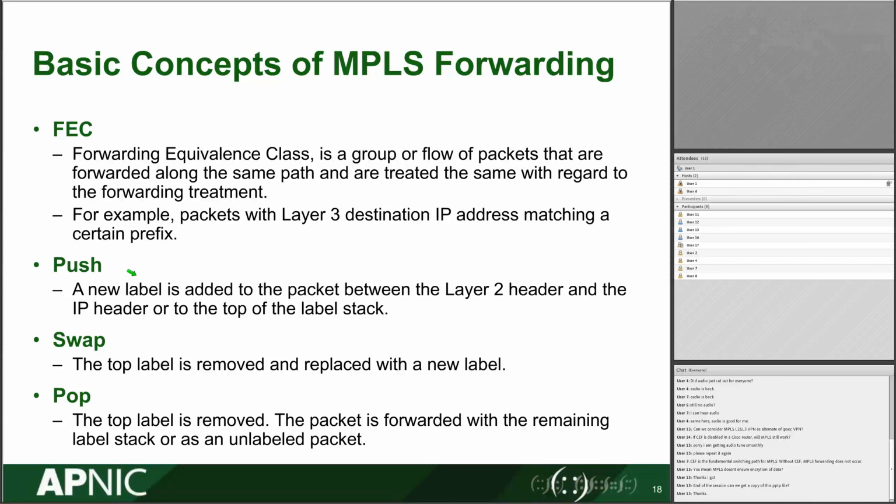One is the VPN label, one is the tunnel label, and then two layers of labels have been added, and we call this push. And swap means we replace the top label with another label, or the top two labels will be replaced with another label, so swap.